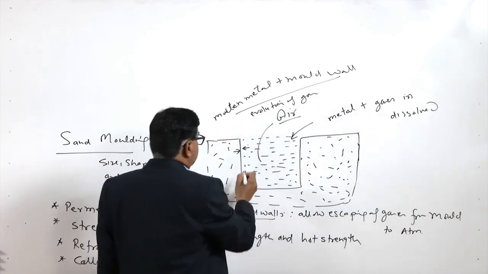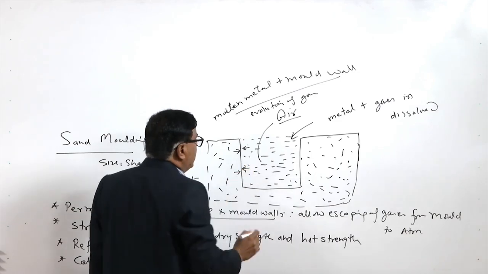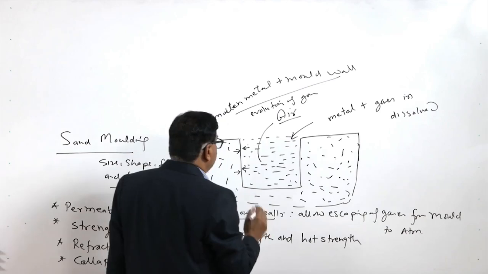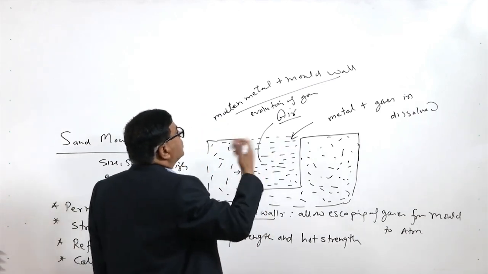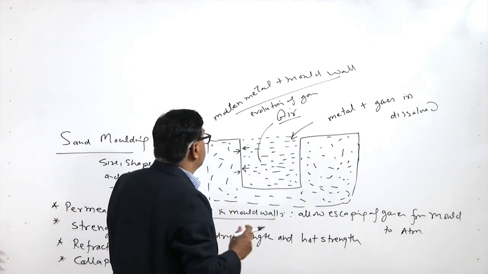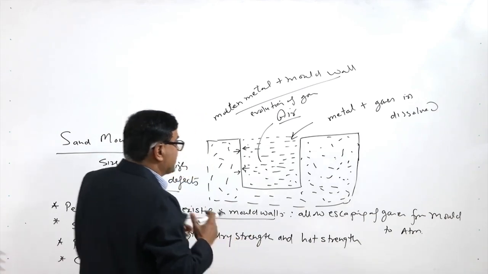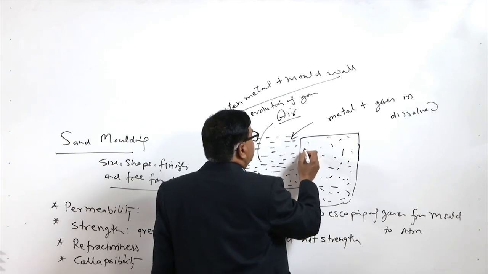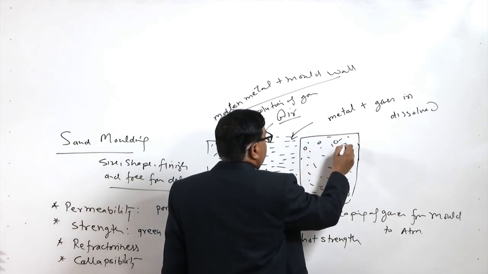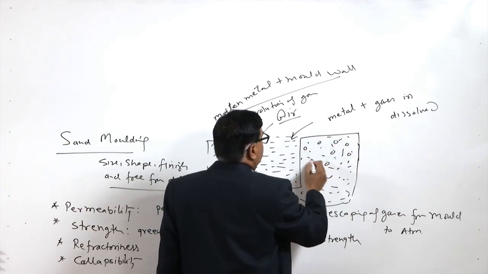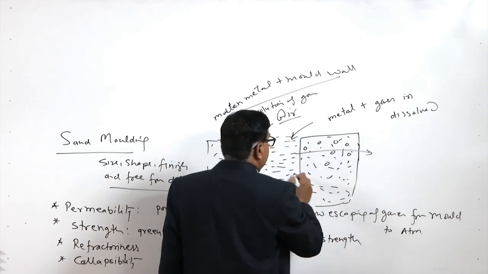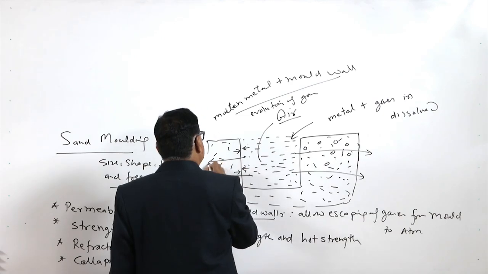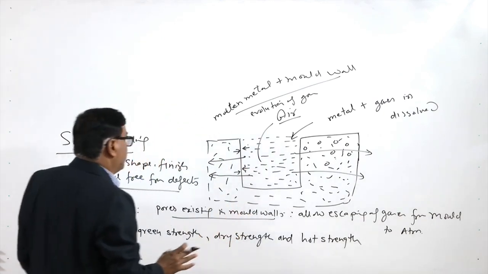So, these gases being generated due to the interaction between the mold and the molten metal should also get space for escaping, and this escaping is facilitated through the pores which are present in the sand mold. So, the gases will get the pores or channels for coming out of the mold.